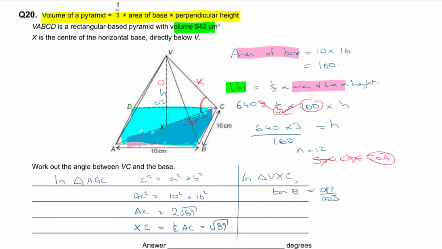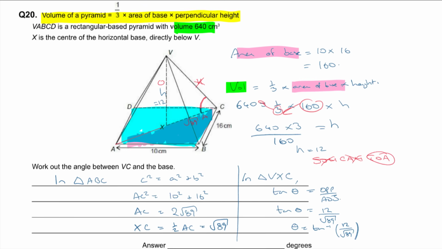So tan theta is equal to 12, which is the opposite, over the root of 89, which is the adjacent. So then what I want is theta, though. I don't want tan theta, so theta is equal to the inverse tangent of 12 over the root of 89.